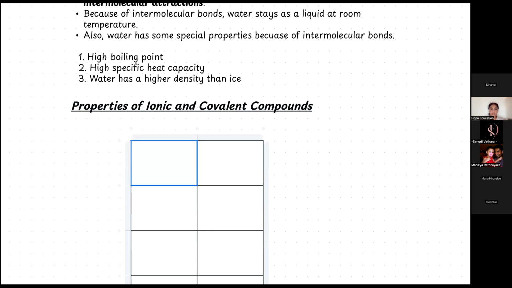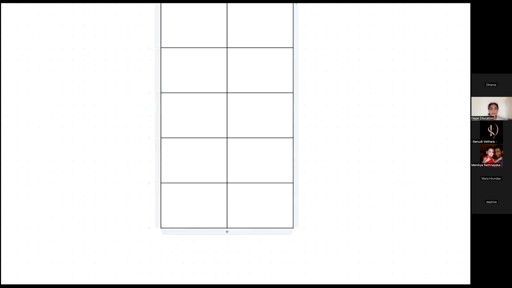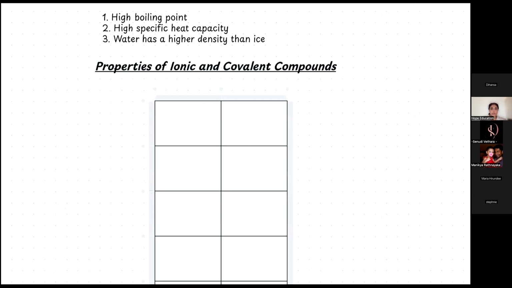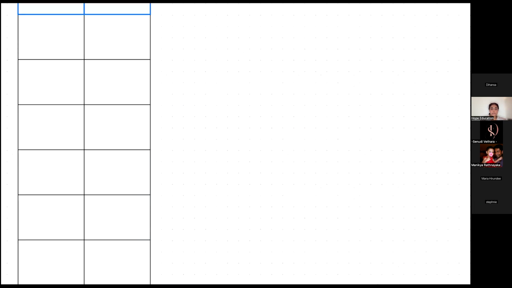Now, where did I draw this? So here we are going to compare some properties of ionic and covalent bonds.